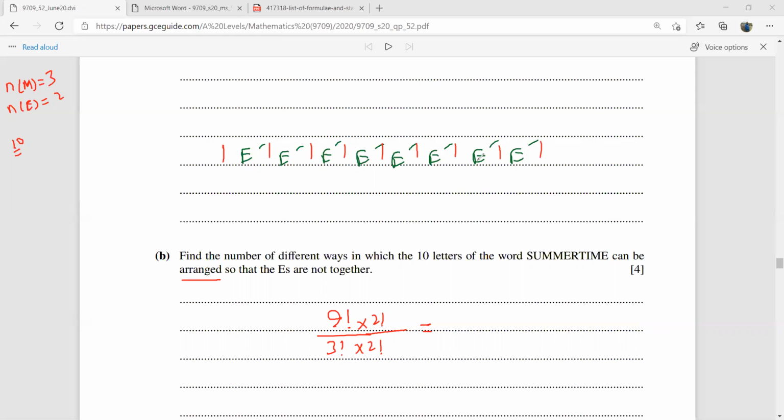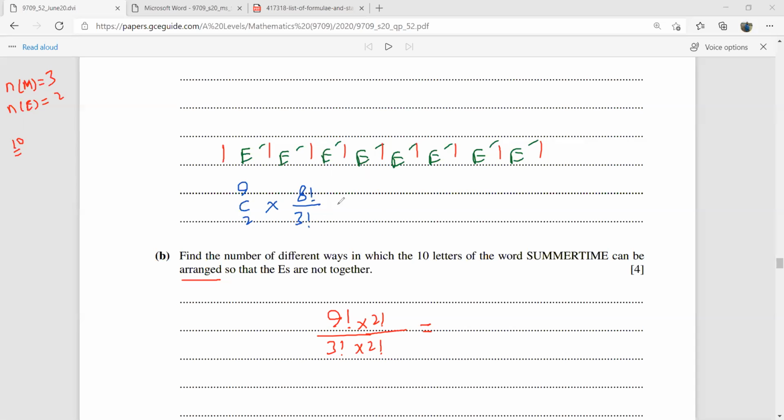And how many slots are these? These are 9. Now, should I write 9C2 or 9P2? 9C2 because the E's are the same. If these were 2 different people, 2 different objects, then I could have written 9P2. 9C2 times 8 factorial divided by 3 factorial.